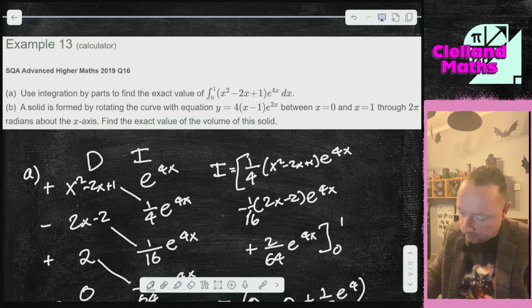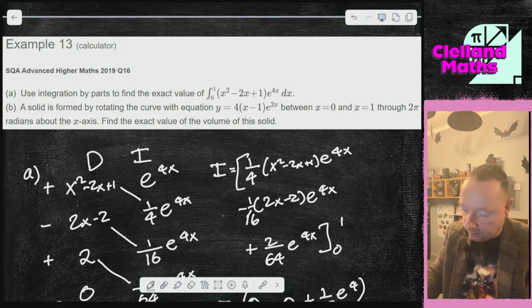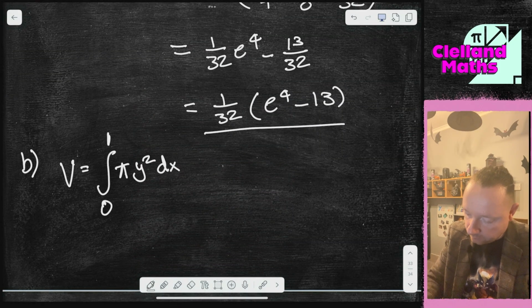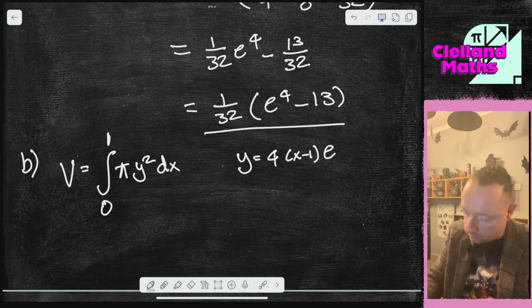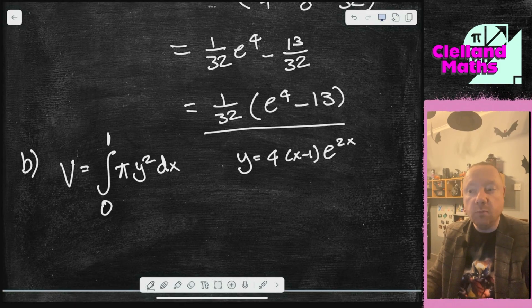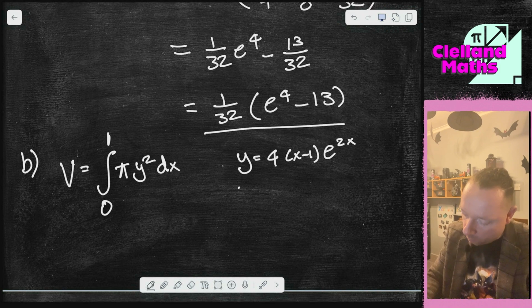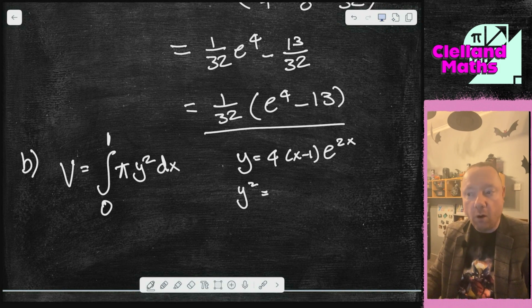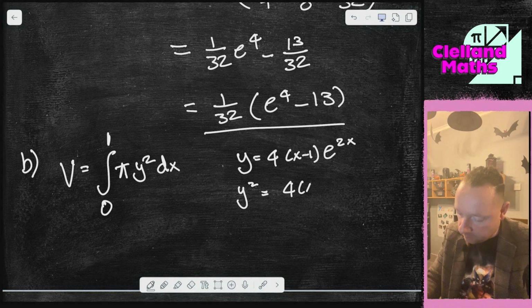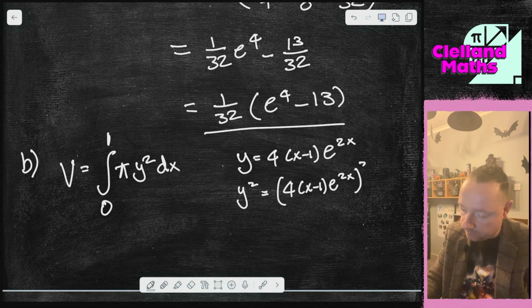Our y is 4(x minus 1) e to the 2x. So I suppose the question becomes, what is that squared? So if we square that, y squared is 4(x minus 1) e to the 2x all squared.